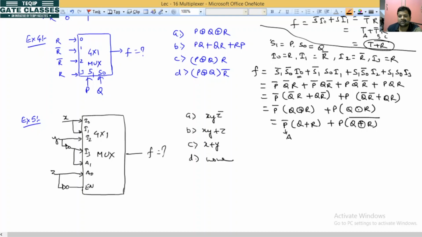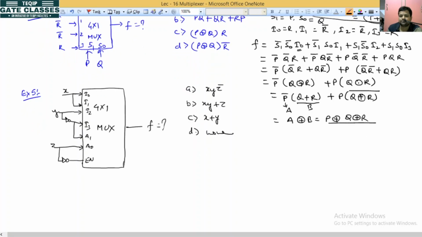Let A be P and this one be B, so it is A bar B plus A B bar, which is A XOR B. So it is P XOR Q XOR R. So which option is correct? A option. You can go with that.